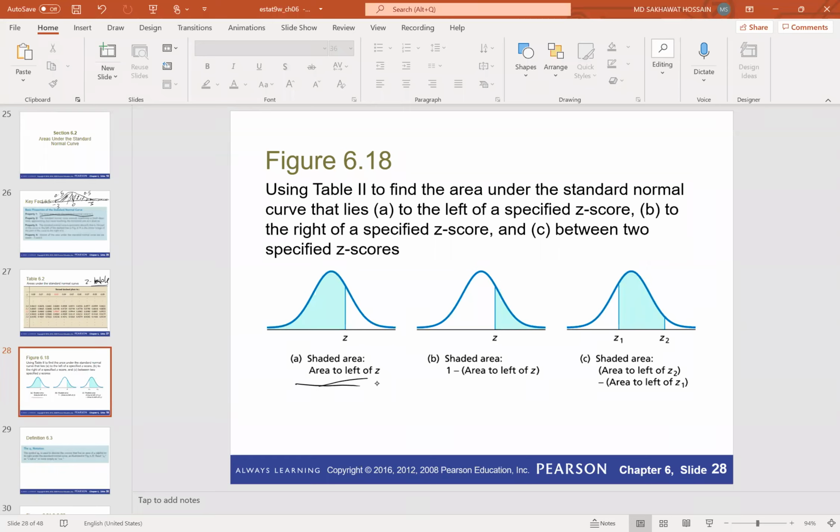The area to the left of the Z score is this shaded area, and the shape of the distribution is symmetric, bell-shaped. This is the area to the right. To calculate this area, we subtract the area to the left from 1, because the distribution is symmetric.